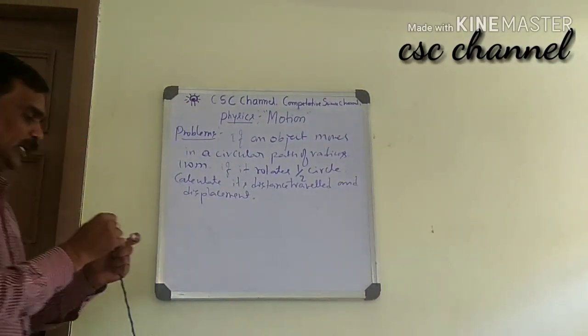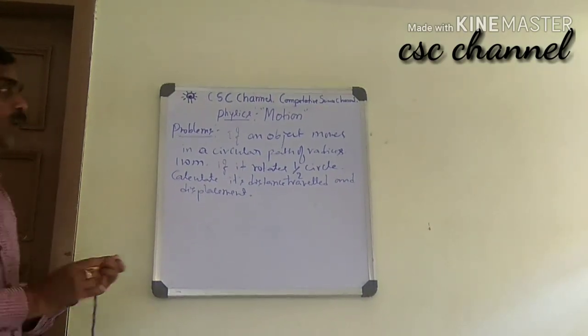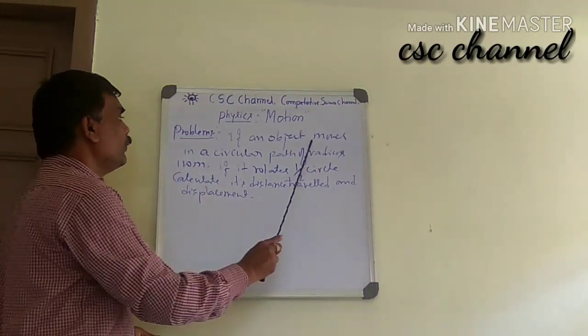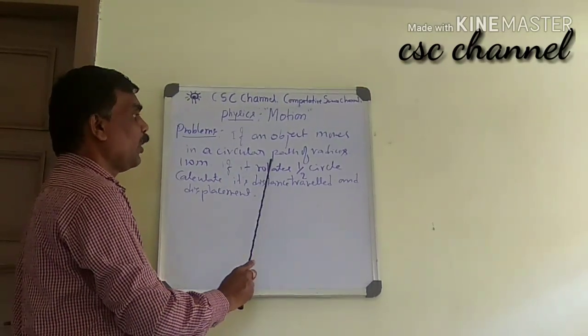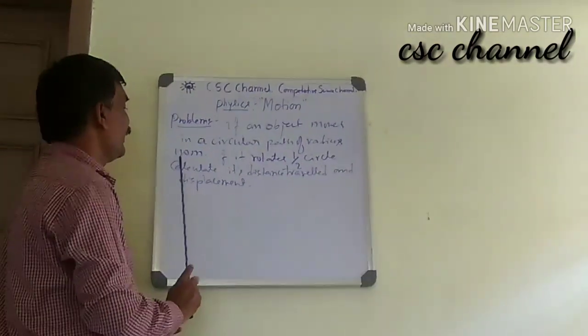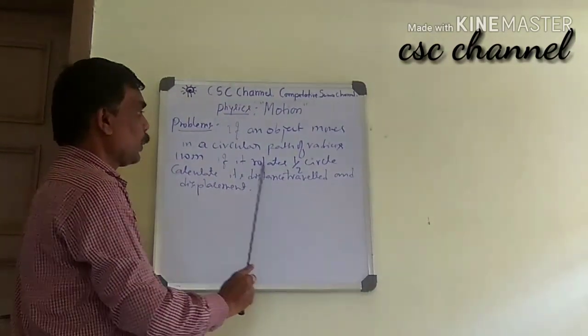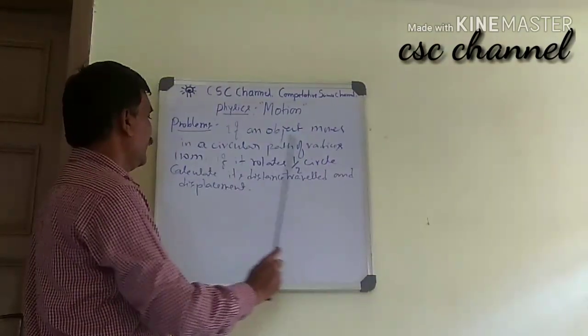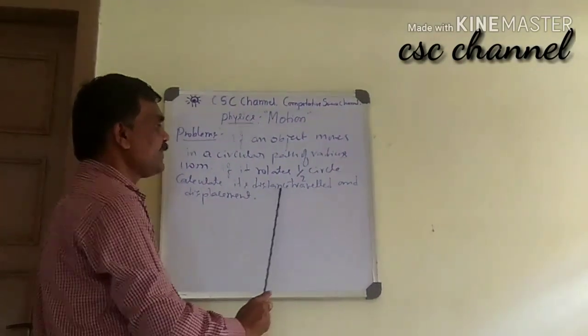This is one of the technical problems here. If an object moves in a circular path of radius 100 meter, if it rotates half circle, calculate its distance traveled and displacement.